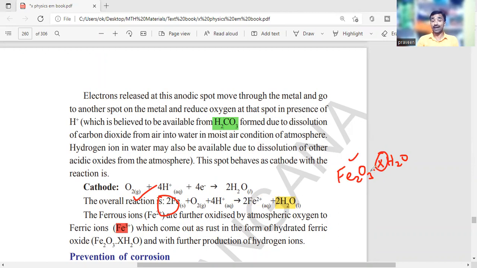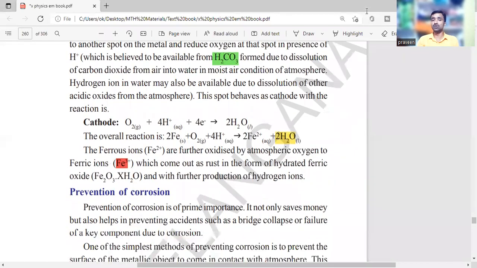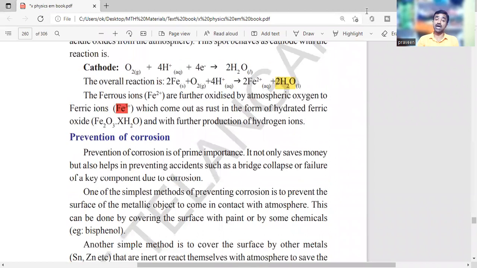So this is the electrochemical phenomenon which helps to explain the corrosion process. You need to explain what reaction takes place at the anode and what reaction takes place at the cathode. So we know about the electrochemical phenomenon.